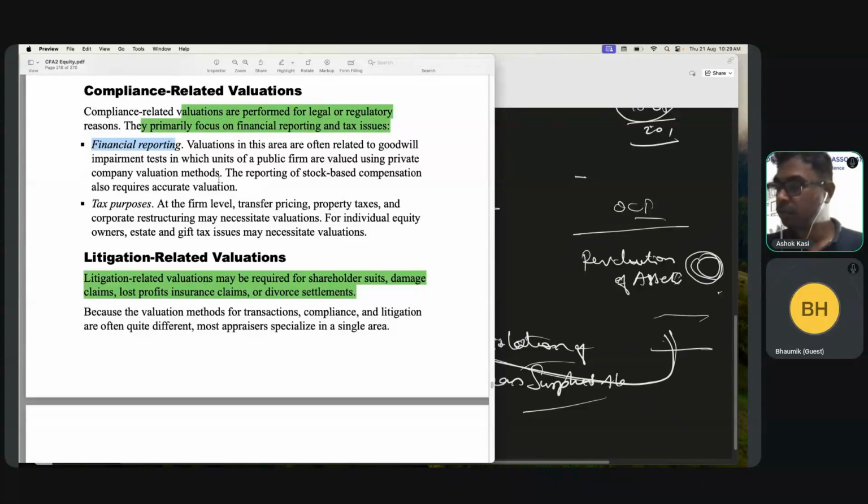The reporting of stock-based compensation also requires accurate valuation. At the firm level, transfer pricing, property taxes, and corporate restructuring may necessitate valuations. For individual equity owners, estate and gift tax may necessitate valuations.